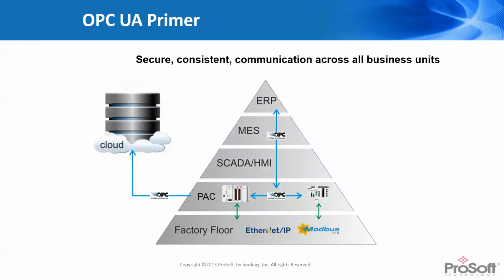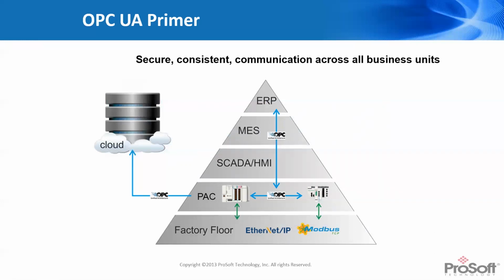Now let's talk a little bit about OPC UA, so the OPC primer. Here's a typical shop pyramid or factory pyramid, with your controllers in the midsection communicating to all the factory floor devices, whatever they may be. Let's say you have different vendors with different controllers, and how do these different vendors communicate together if they don't have a common protocol? Well, a lot of us know we can use gateways for that.